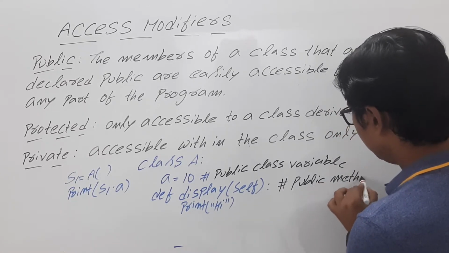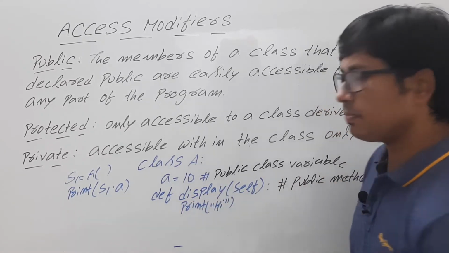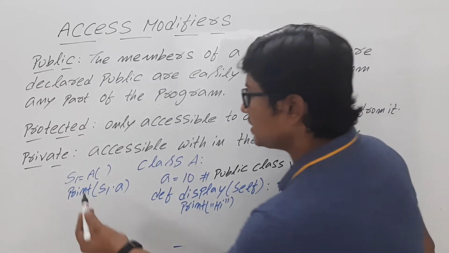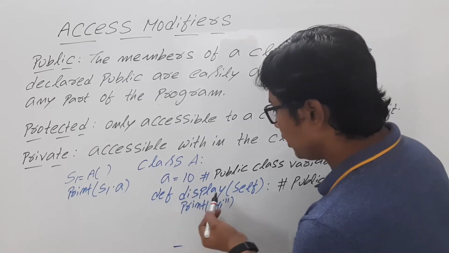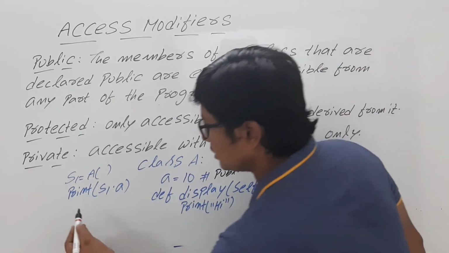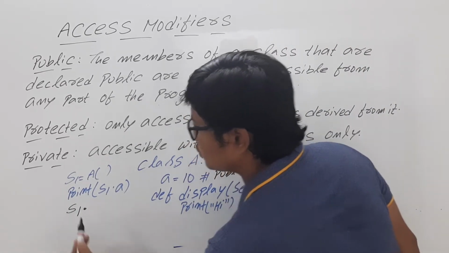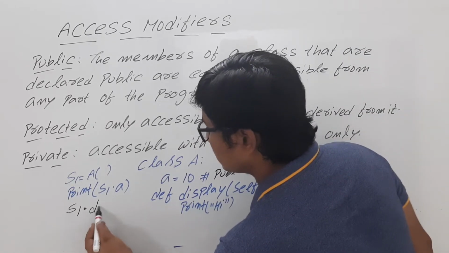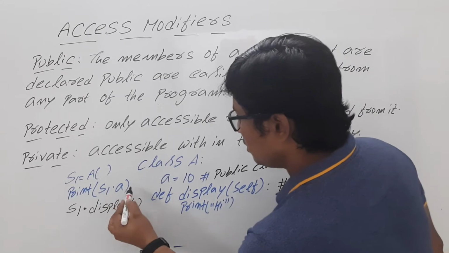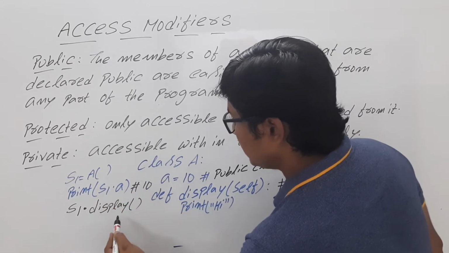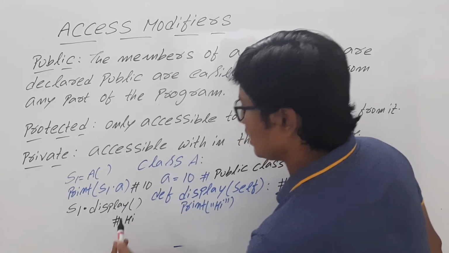So public members such as public variables and public methods can be easily accessible from any part of the program. Similarly, if I want to call the display method using the object s1, I can call the method display. Then it will give me the output 10 here, and here it will give the output hi.